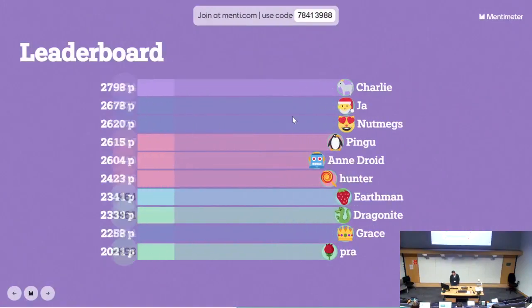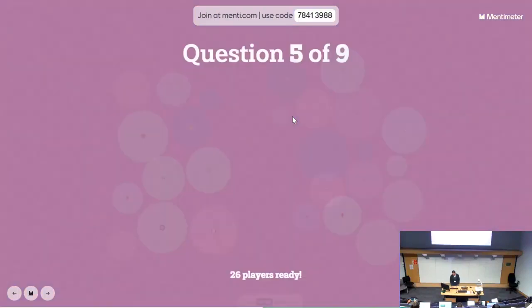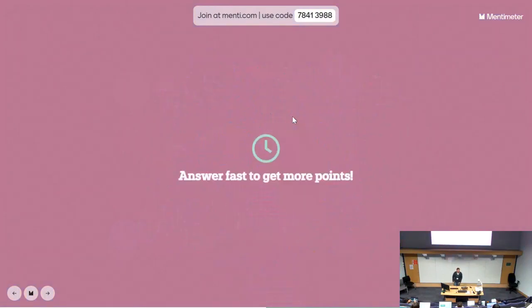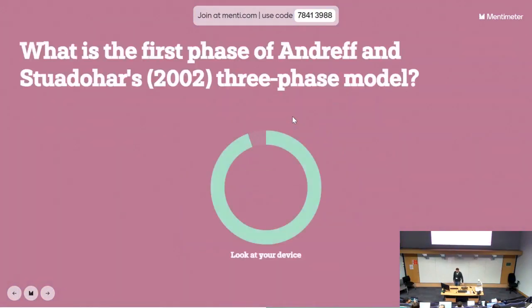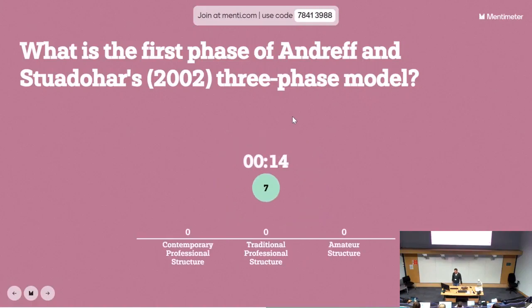It's very, very tight. What is the first phase of the 3-phase model? Yep, amateur structure.